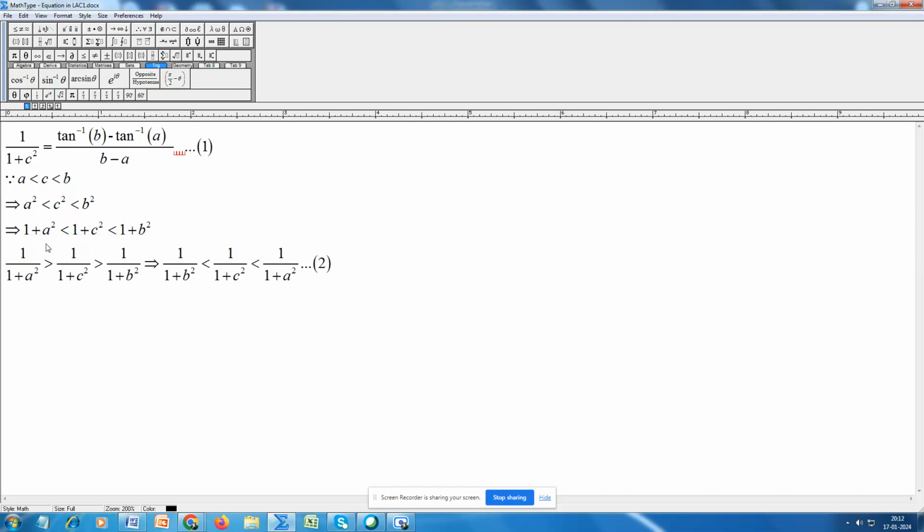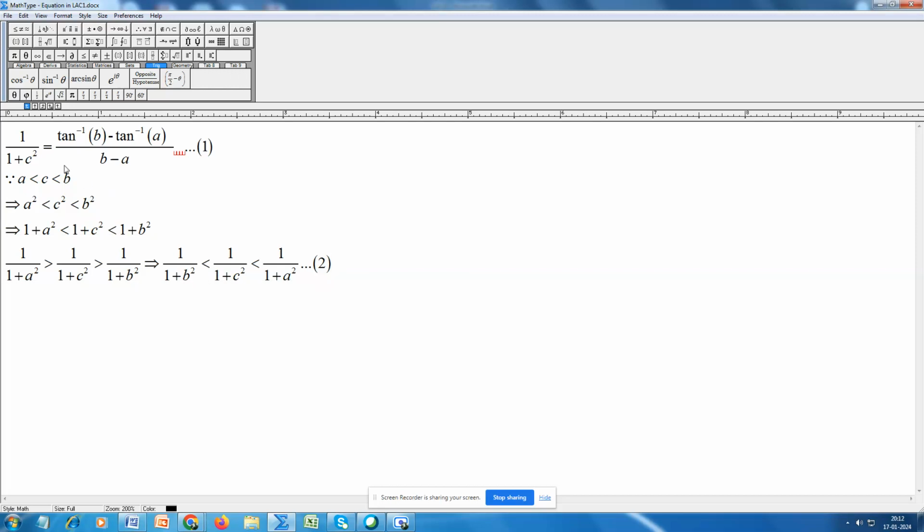Now take reciprocal. When you take reciprocal, the inequality will be reversed. 1/(1 + a²) > 1/(1 + c²) > 1/(1 + b²). Now right to left, the inequality will be changed. 1/(1 + b²) < 1/(1 + c²) < 1/(1 + a²). Take this as equation 2.